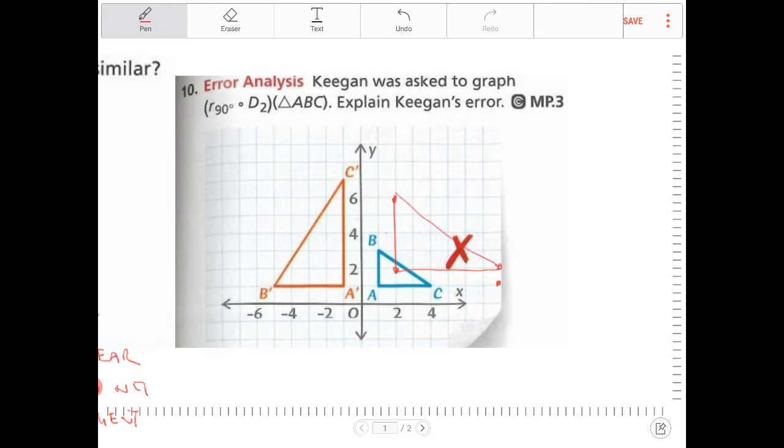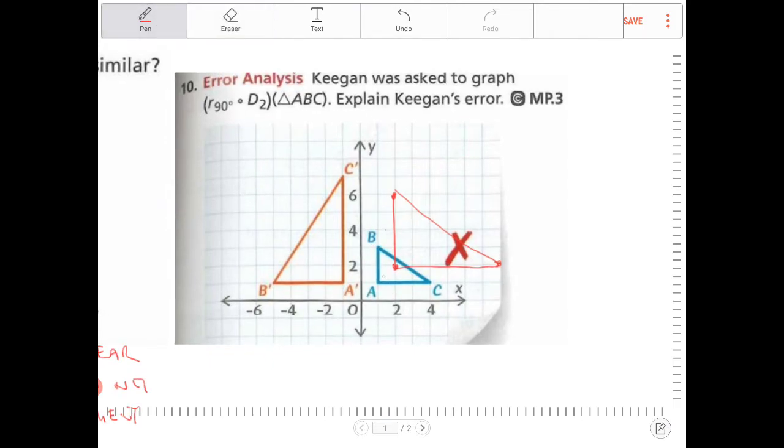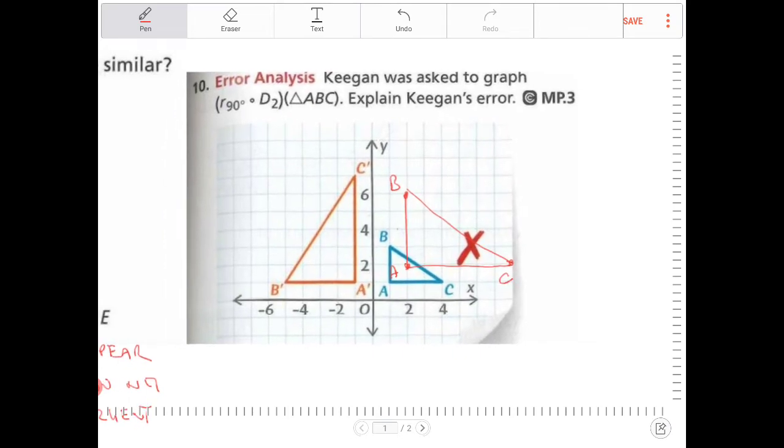Okay, so this is going to be the intermediate step, and then afterwards, when we rotate this, this is A, B, and C. When we rotate this, though, the coordinates will not end up in the right places. So A, B, and C will end up just slightly off.